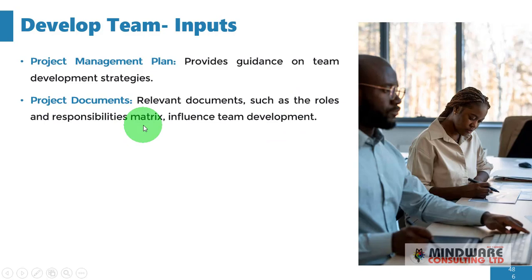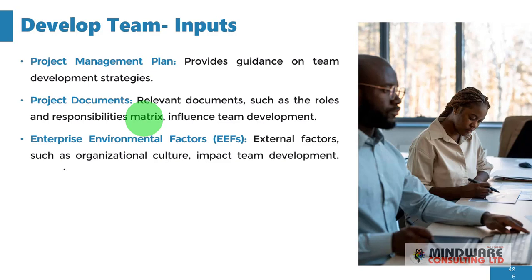The roles and responsibilities matrix is a document where you have the roles for each individual in your resource team outlined, and also their responsibilities. This is a very critical input in this develop team sub-process.